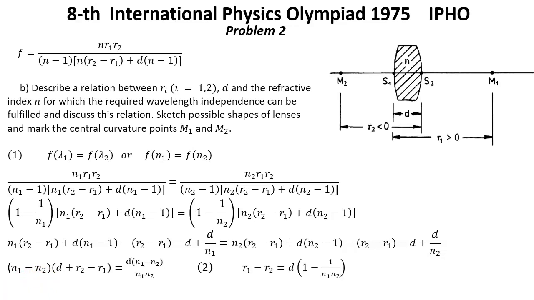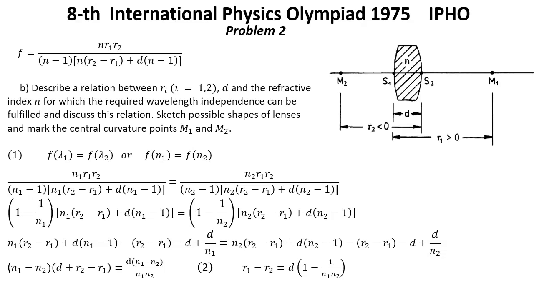R1 minus R2 equals d multiplied by 1 minus 1 over n1 n2. If the values of the radii R1, R2 and the thickness satisfy this condition, the focal length will be the same for two refractive indices. The parameters in this equation are subject to some physical restrictions.